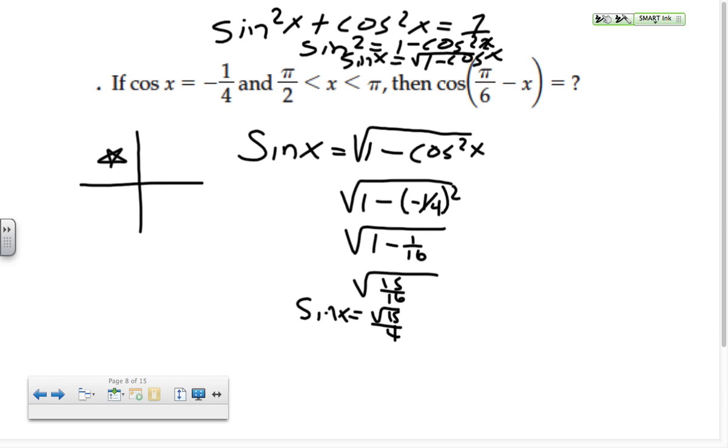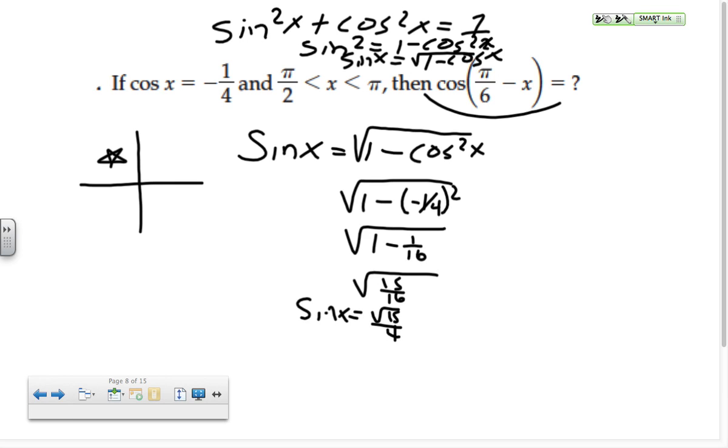The next thing that we do is we're trying to find the cosine of pi over 6 minus x. So we're going to use our rules from yesterday.